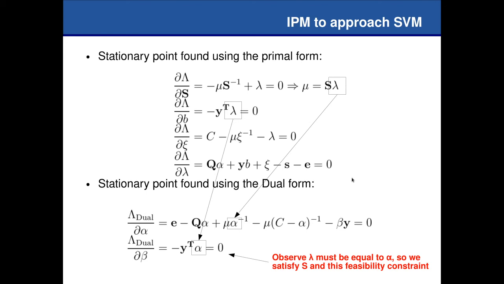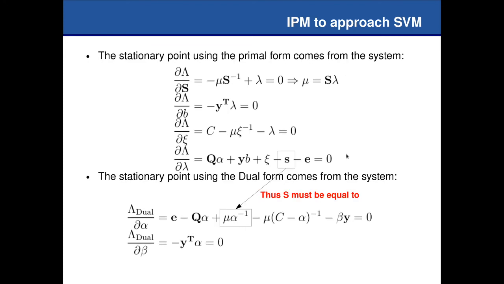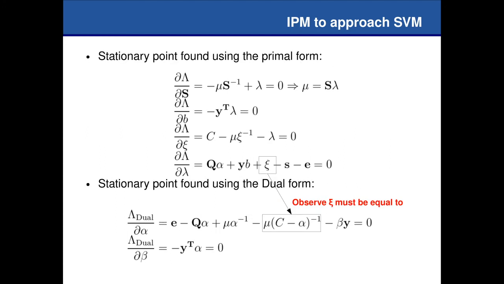That's the first step. Next step, S is the same as everything together. Why? Because S is going to be equal to mu multiplied by the inverse of lambda. So all this together is S. That's nice. So I can change something in my formulation. My xi is going to be this. Take a look.